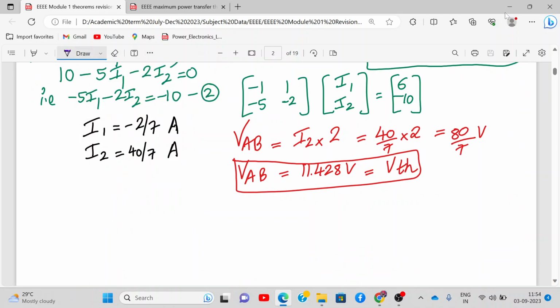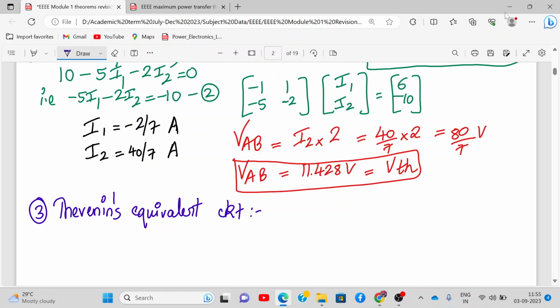Are you all ready now with the third part? Can I proceed forward? So next, the third part, we draw the Thevenin's equivalent circuit.